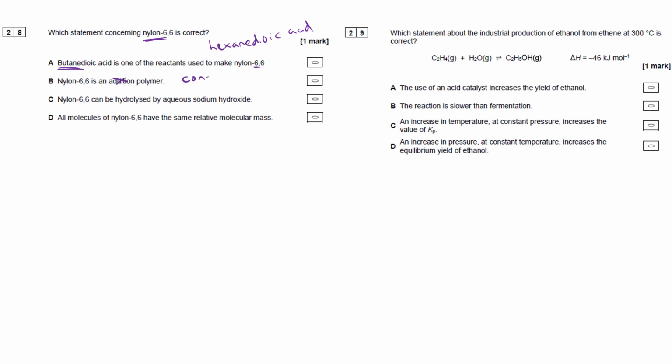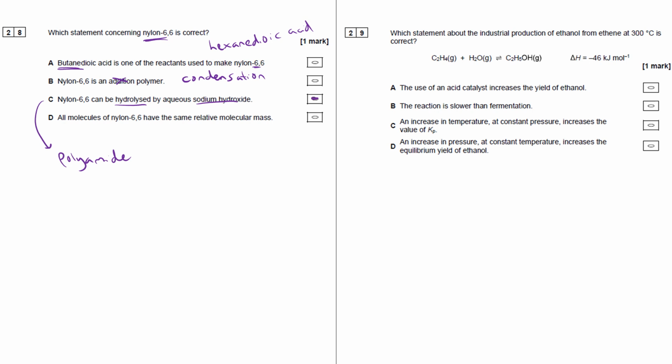It's formed via a condensation reaction, or it's a condensation polymer. Nylon 6,6 is a polyamide, so it can indeed be hydrolyzed by sodium hydroxide. It does undergo hydrolysis. So C is the correct answer there.